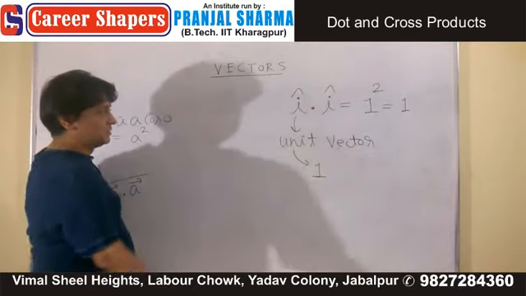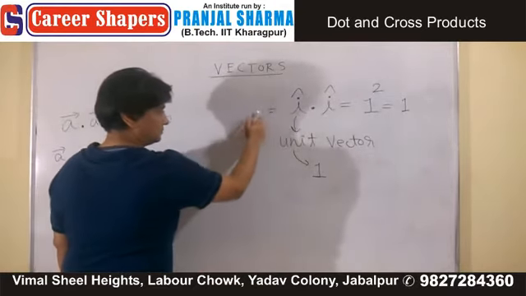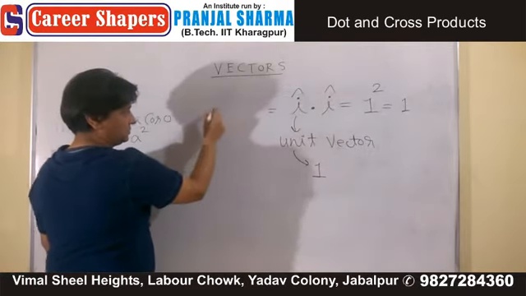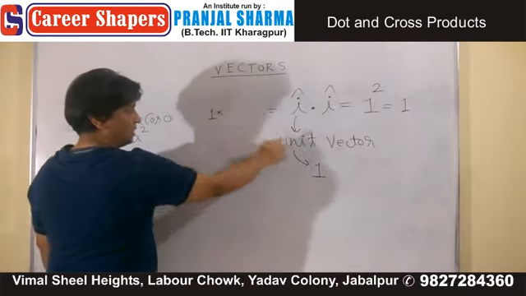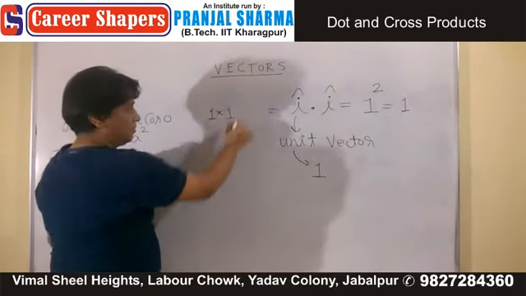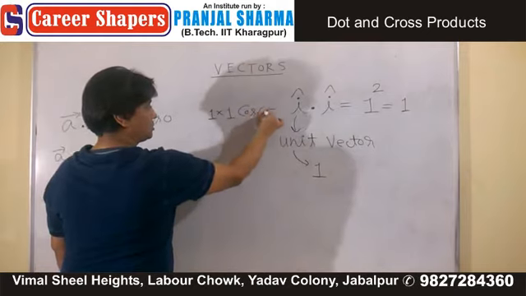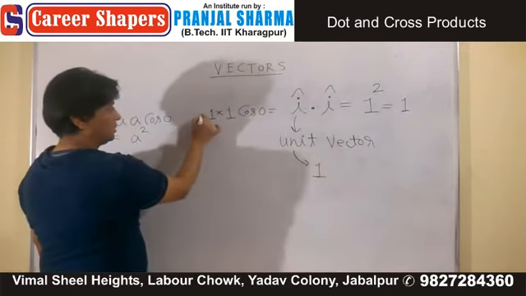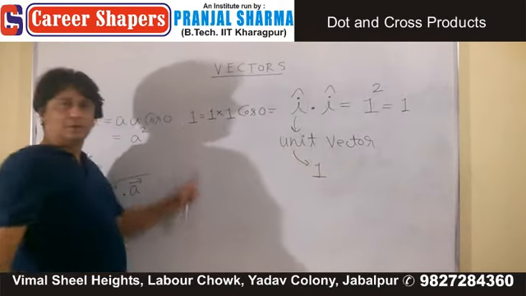Or you could have done this. How do you open dot? Magnitude of first multiplied by magnitude of second multiplied by cos of angle between these two, which is 0. That is 1.